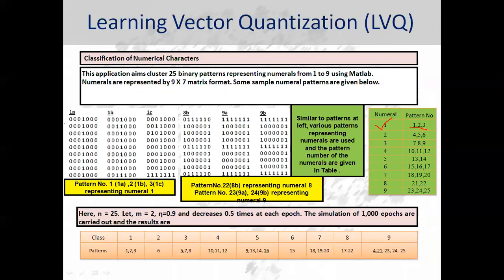For example, one of the writers wrote 1 in this way. It means if we join the ones, it will come out to be the shape of 1. And again, if we join the 1 in this way, then this again will come out to be 1. This is again represented by some other writer. He wrote 1 like this.